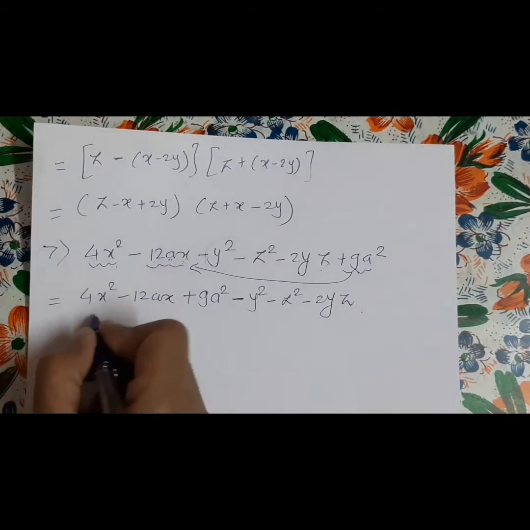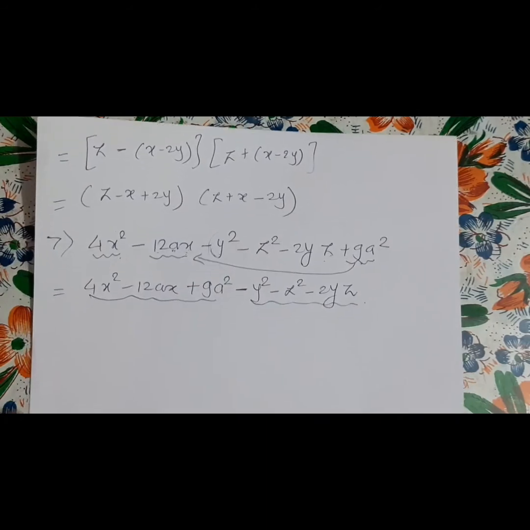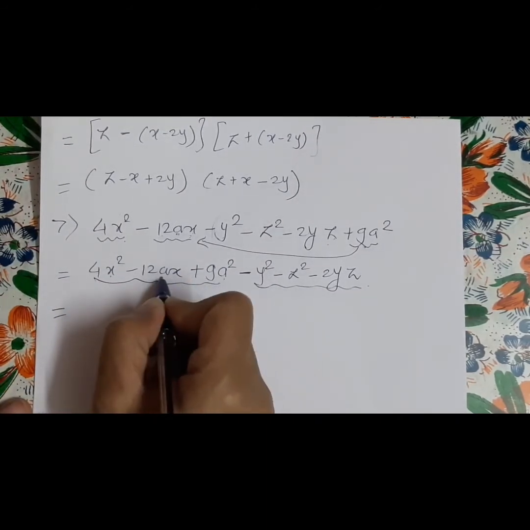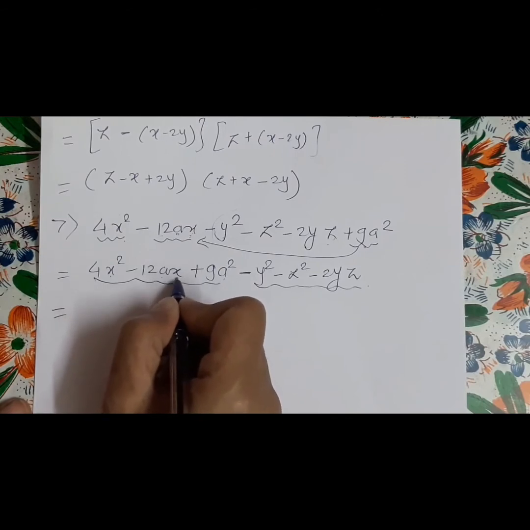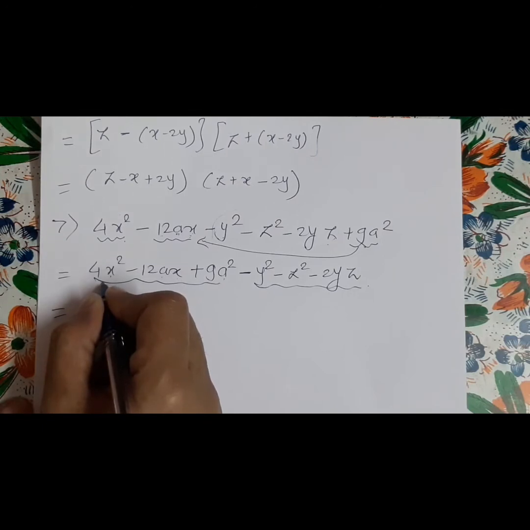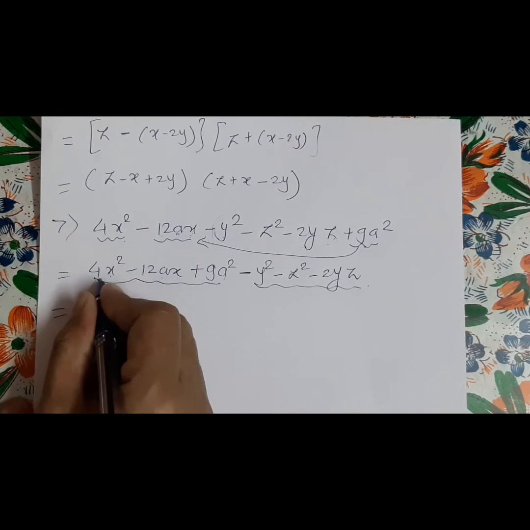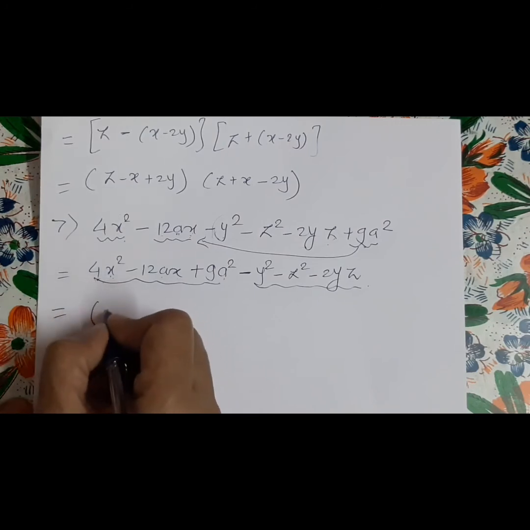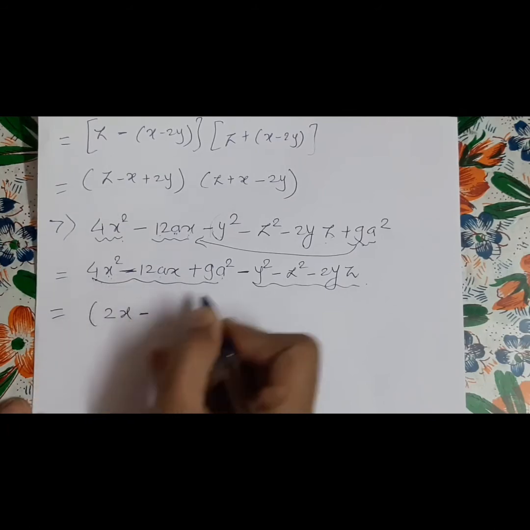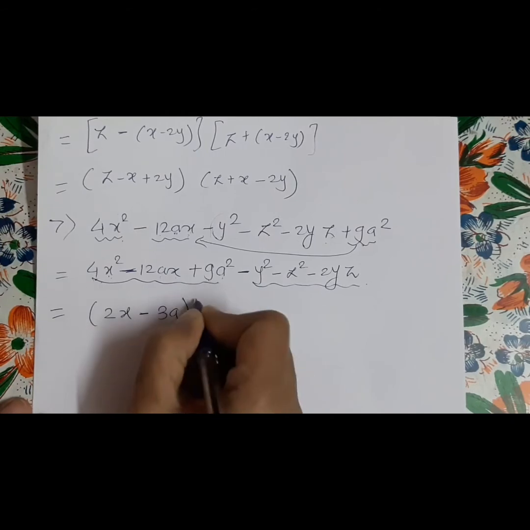Now this is one quadratic equation and this is another quadratic equation, or trinomial you can say. So here it is x and a, and the middle term also consists of a and x. Means what? In place of this trinomial, if I write the square root of 4x square, it is 2x, and the sign is negative, and the square root of 9a square is 3a, and its square.